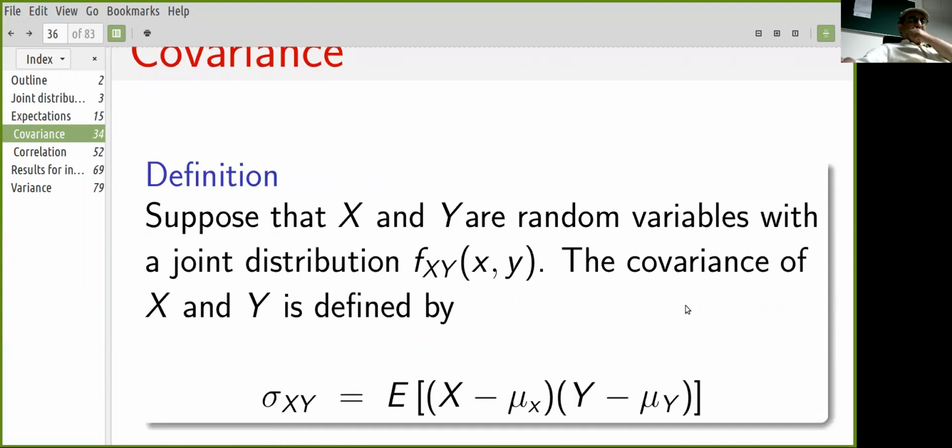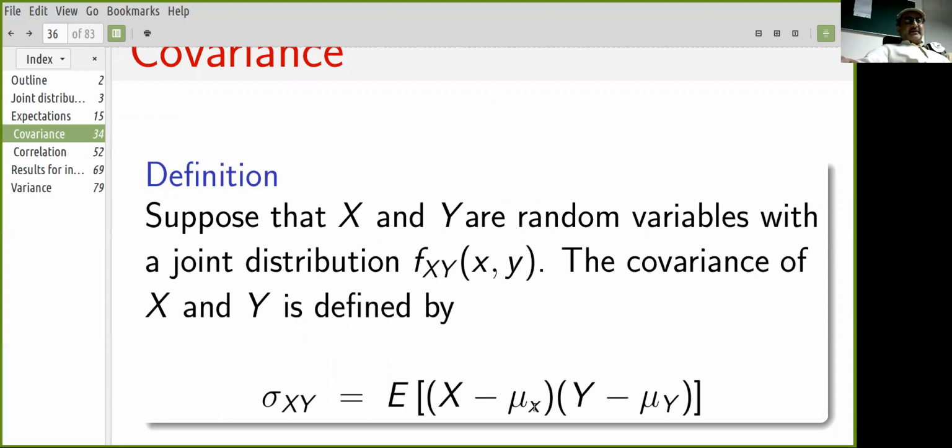So this is how we look at the relationship between two different random variables. We see how connected they are. Supposing that X and Y are random variables with a joint distribution f sub XY, the covariance of X and Y is defined to be sigma of XY. Some people write Cov(X,Y).